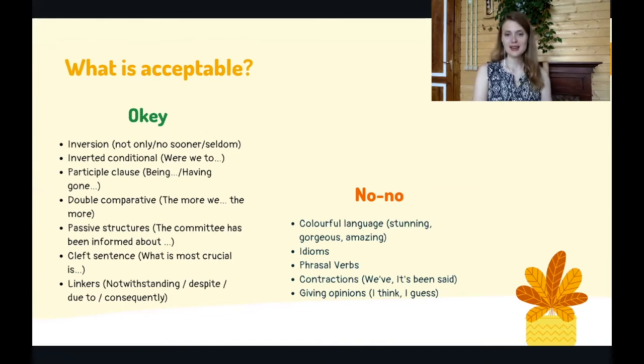And the second column is the no-no column. So no colorful language like stunning, gorgeous, amazing, fabulous. It's not an essay. No idioms, no phrasal verbs, no contractions, and no opinions like I think, I guess.